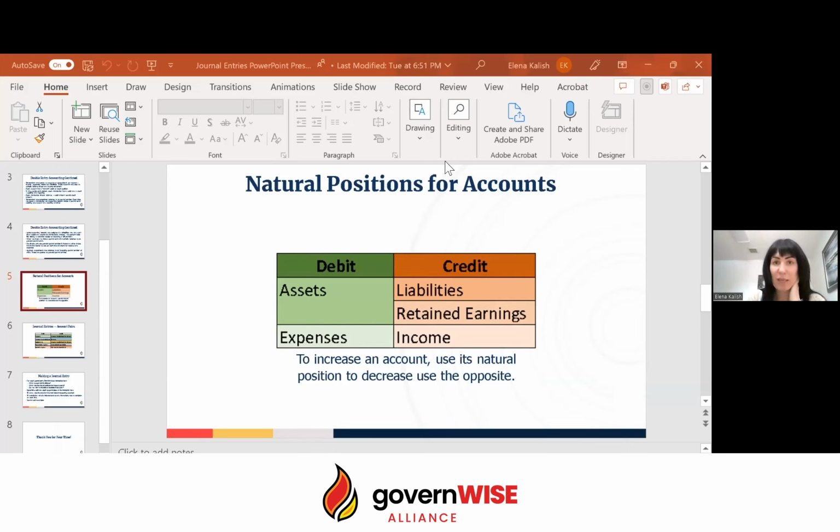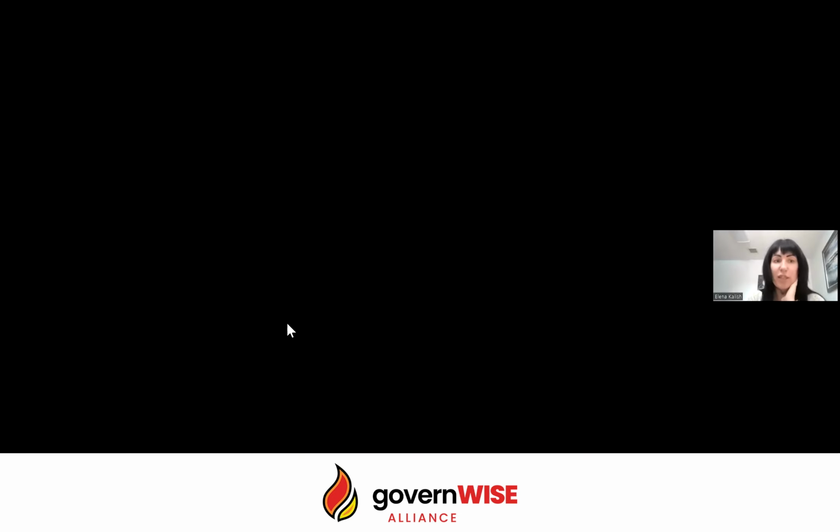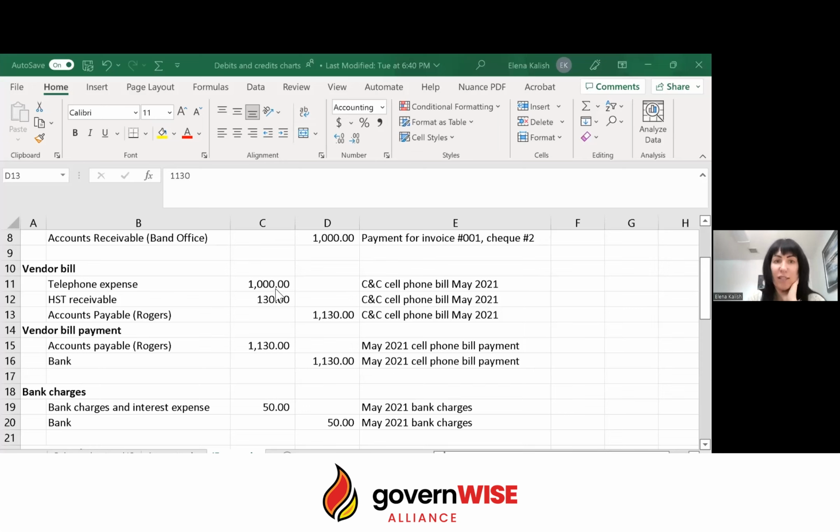So it's a debit again. So going back to my journal entry, increase telephone expenses, debit telephone expenses, increase an asset, HST receivable, debit HST receivable, increase a liability, which is accounts payable, credit accounts payable. You will notice that both sides here, debits and credits, are equal to each other, right?